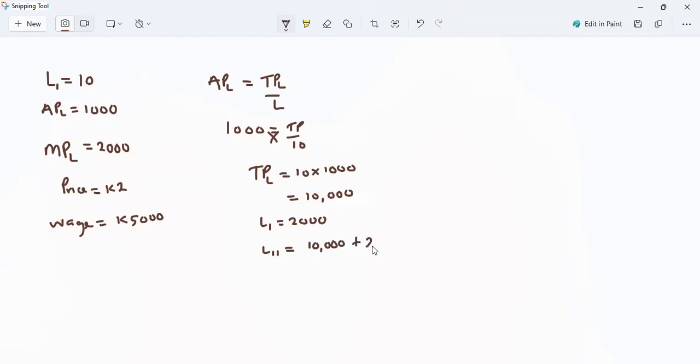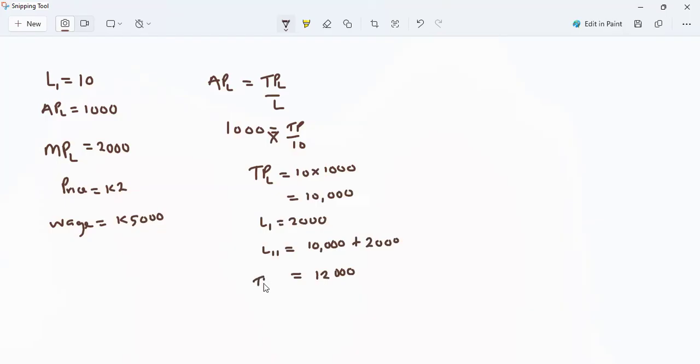So the total production is 12,000. This 12,000 is for 11 laborers. Question number 1, what is the new average product if we employ this new laborer?